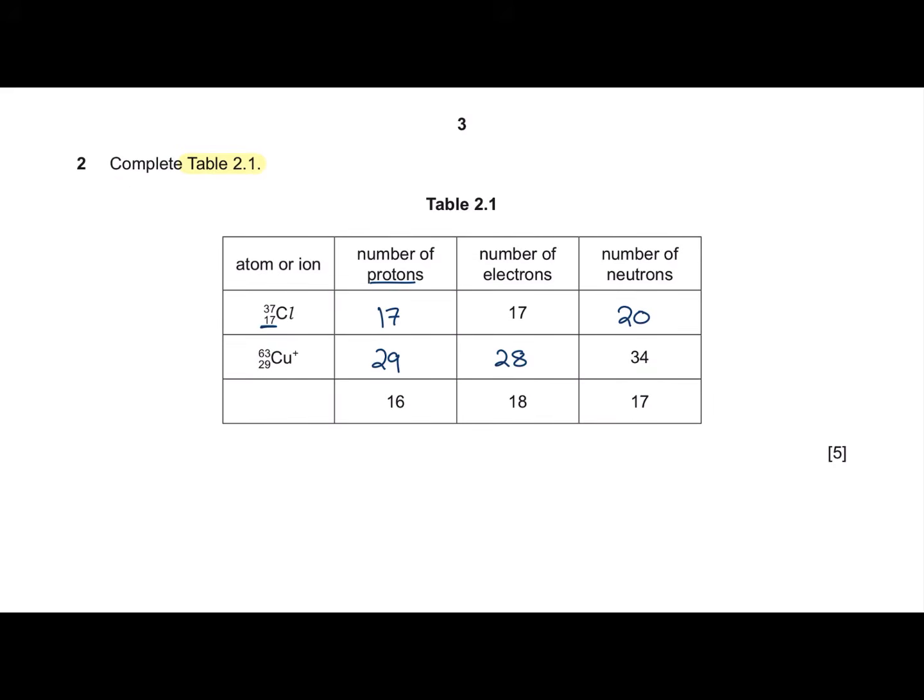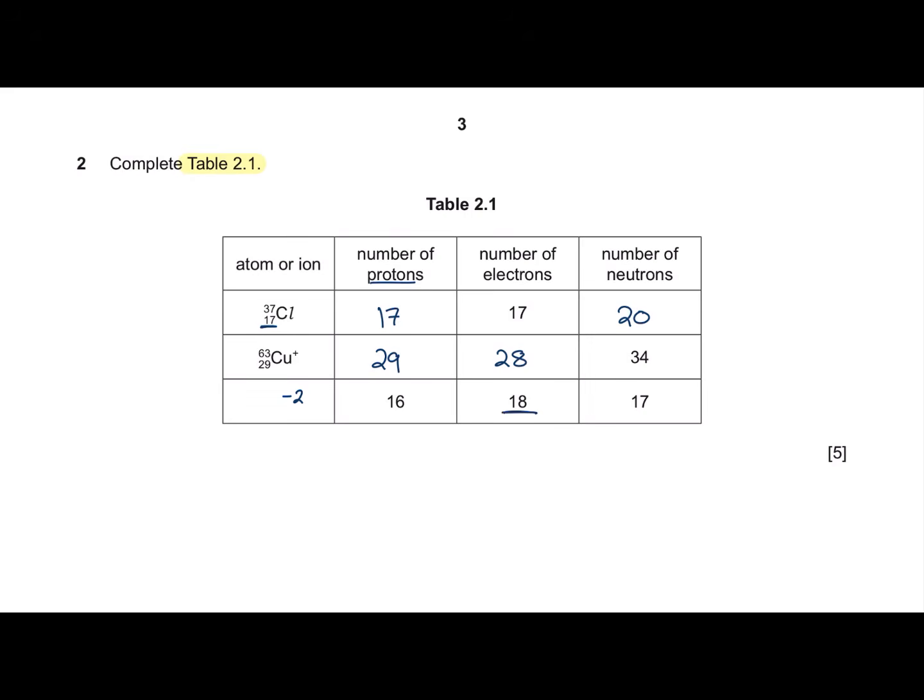Next up, they haven't given us the information whether it's an atom or ion. So let's identify it. As it has gained 2 electrons, it's an anion, a negative ion. And as it has gained 2 electrons, the charge would be -2.